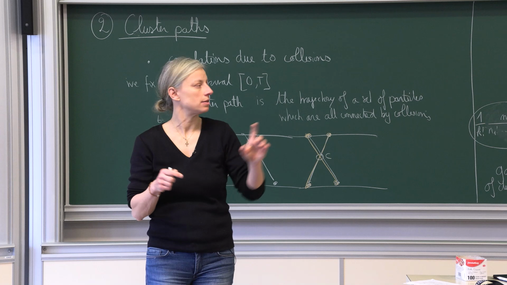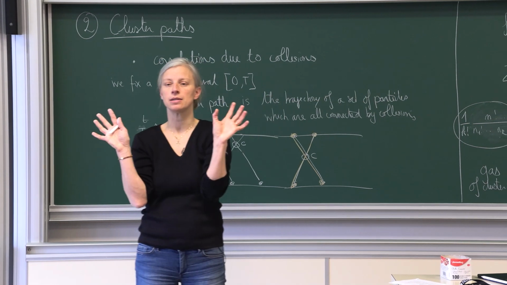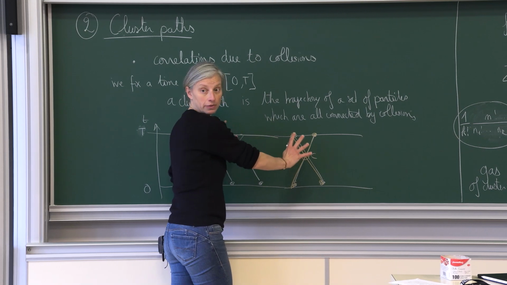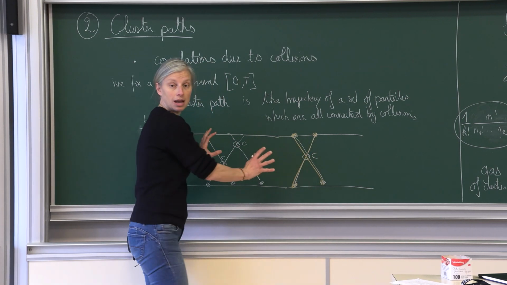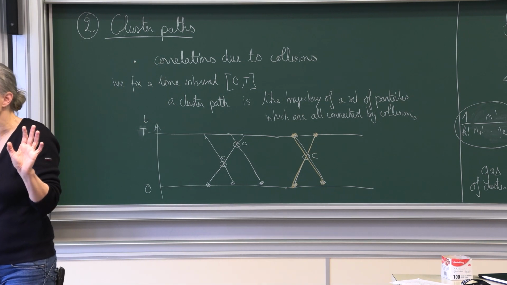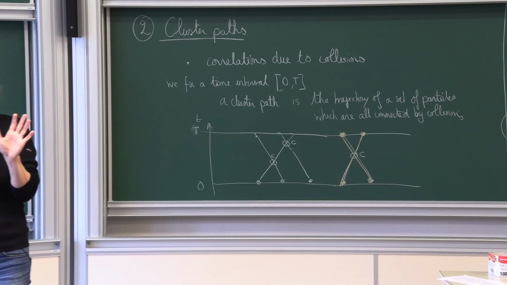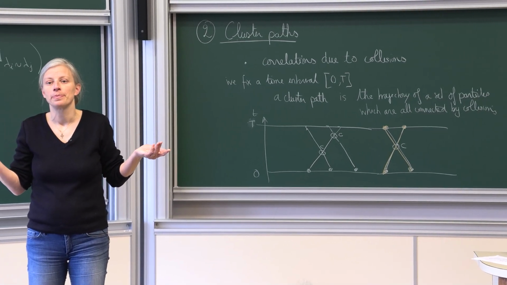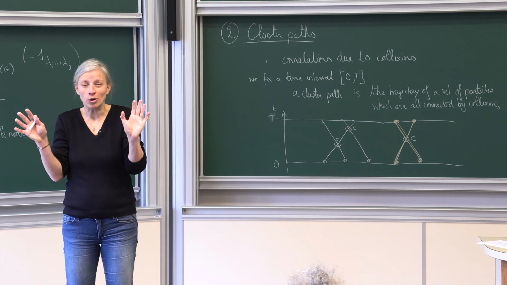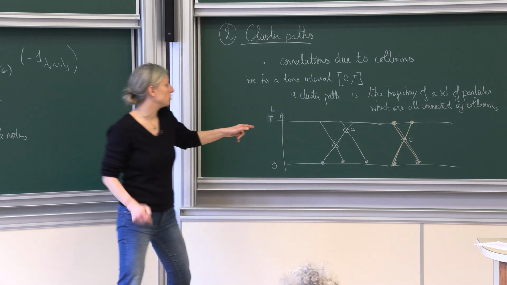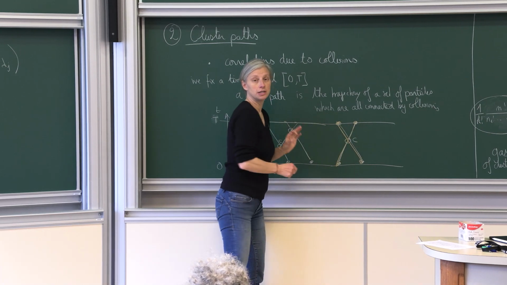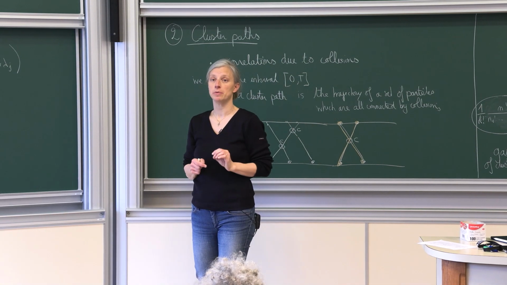Not really. What I say is that in this second part, you see that I have these two guys, and I say they have no collision. But having no collision, or at the static level, having no overlap, is not the same as being independent. Being independent means that you have no condition at all, while having no collision means that the distance of the particles in the two graphs, in the two trajectories here, should stay at distance epsilon for any time.